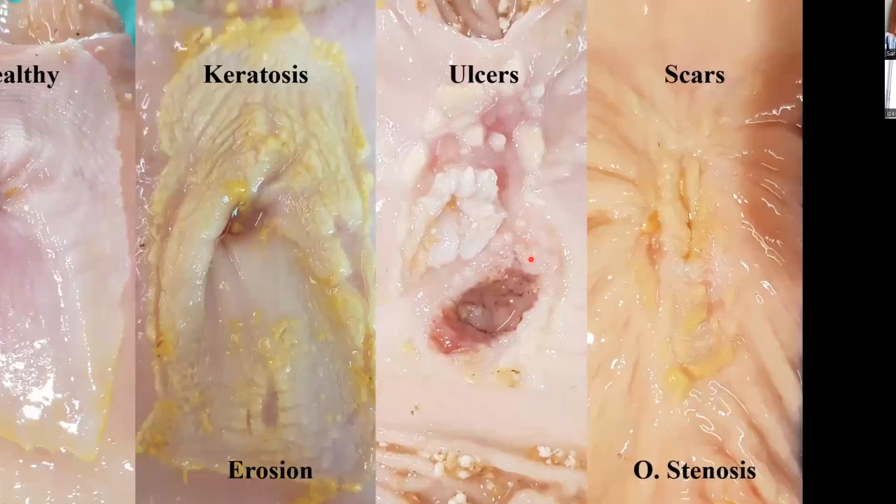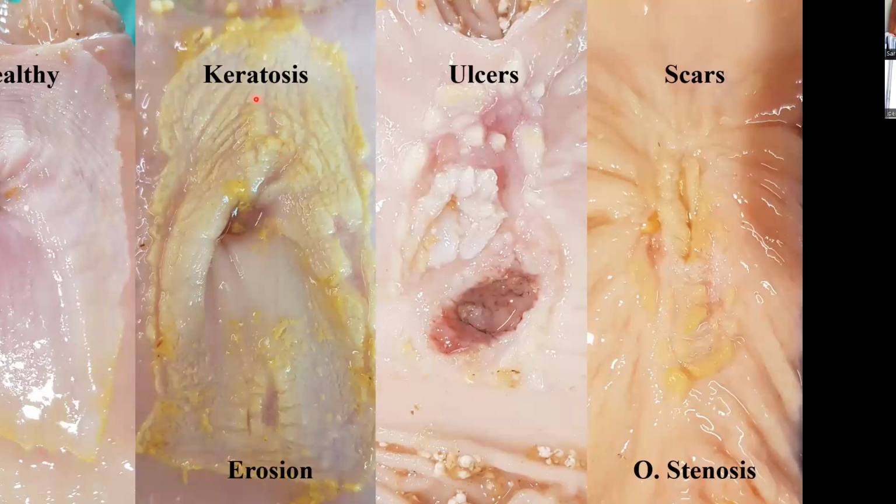Here I have some images that I would like to share with you. Here we have the pars esophagea, this very wide area, and you see it's very nice and shiny. However, when we change the characteristics of the gastric content, this area starts developing some erosions and some keratosis.